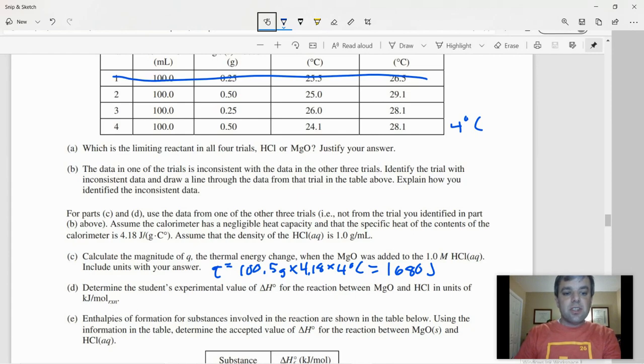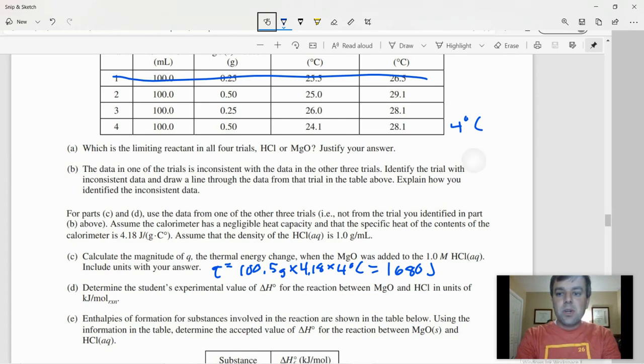Then it asks us to determine the value of delta H for the reaction between magnesium oxide and HCl in units of kilojoules per mole. Now the reaction was 1 magnesium oxide plus 2 H pluses. So what we need to do to get this in kilojoules per mole, we said already our limiting reactant was magnesium oxide. So let's take our magnesium oxide.